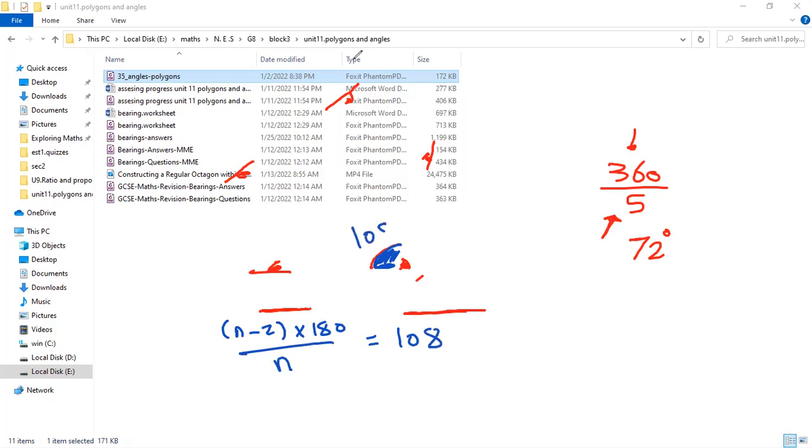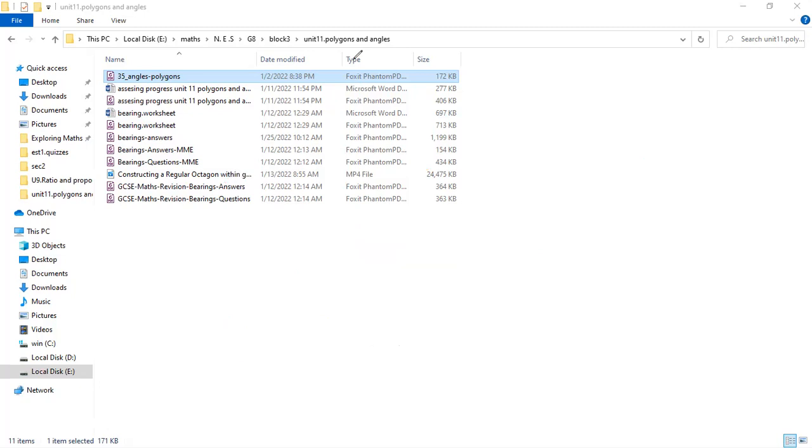So each interior angle equals 108. And once you have the interior angle, you can find the exterior angle because the interior plus the exterior angle add up to 180. So it will be 180 minus 108 equals 72. This is the second way. So we have two ways. Let's go to the next one.